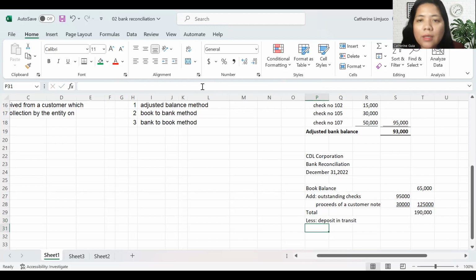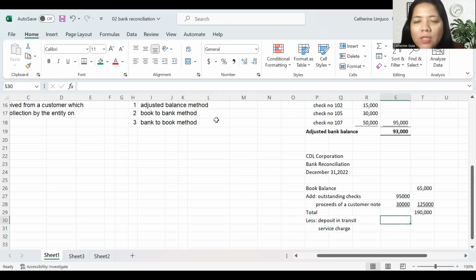What else? We also deduct the service charge. Why? Because this service charge was already deducted per bank statement, but not yet deducted in our book balance. So again, we will just adjust our book balance to come up with the bank balance.